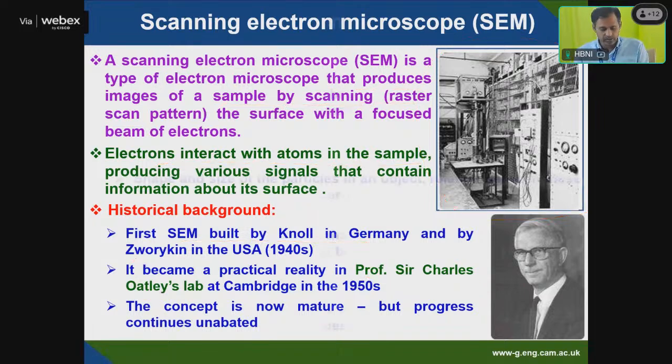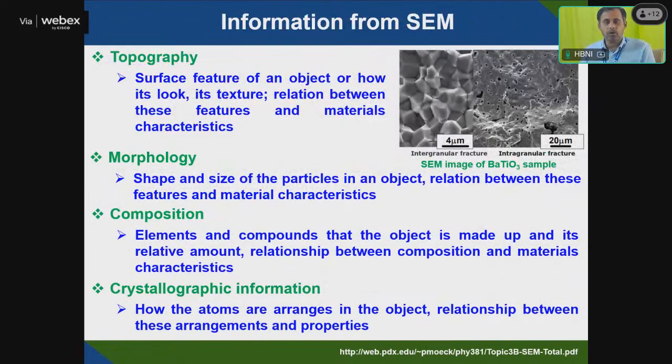So the information you get is mainly of four kinds. One is topographic information, that means the surface features, how an object looks.